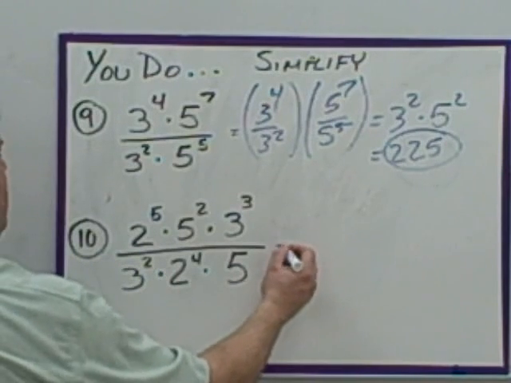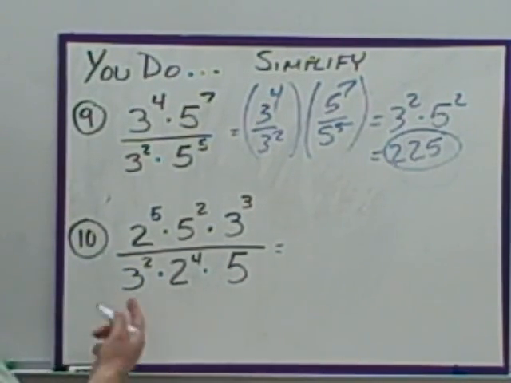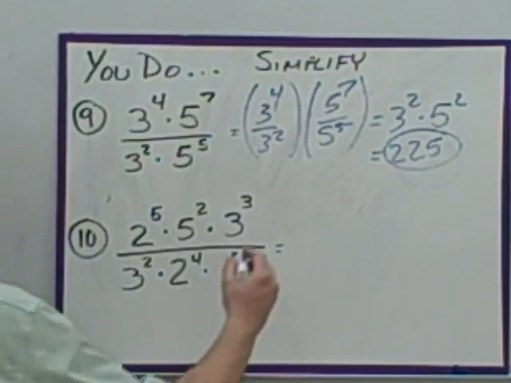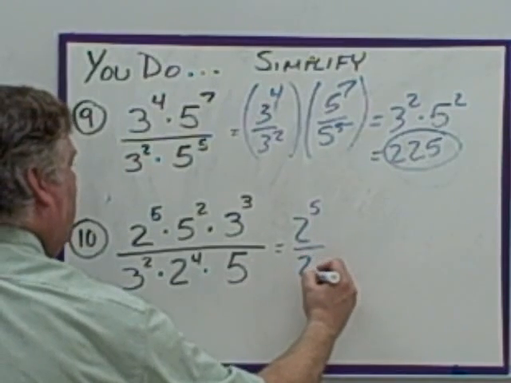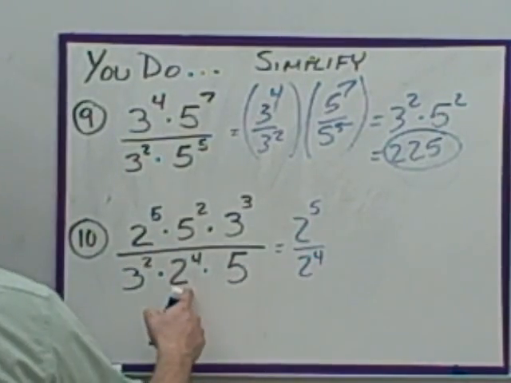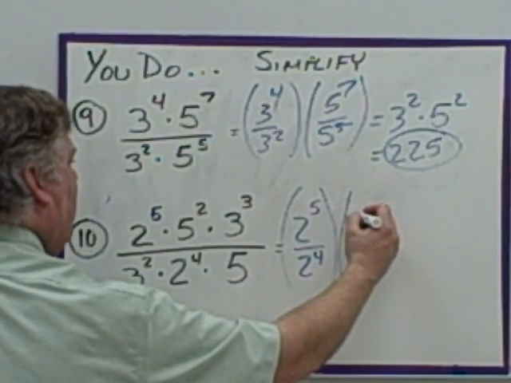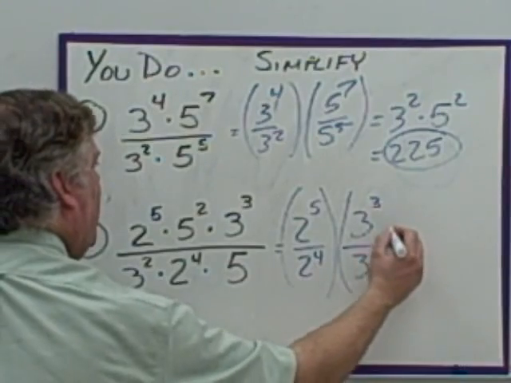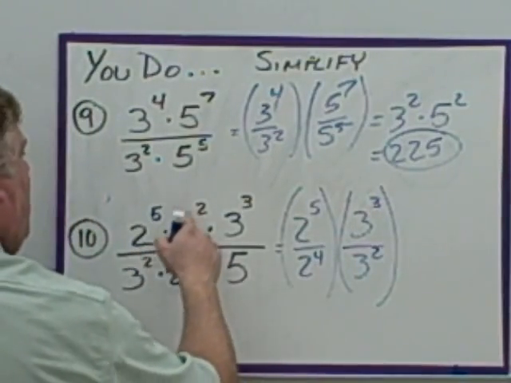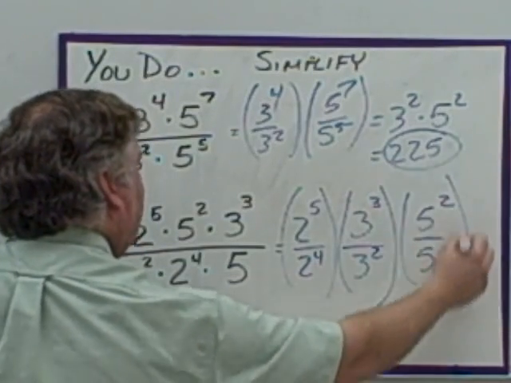Now here at first, it may look a little bit confusing because they didn't line up the like bases here. So when we rewrite it here, we're going to rewrite it lining up those like bases. 2 to the 5th over 2 to the 4th. 3 cubed over 3 squared. 5 squared over 5.